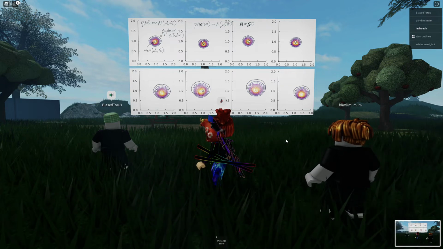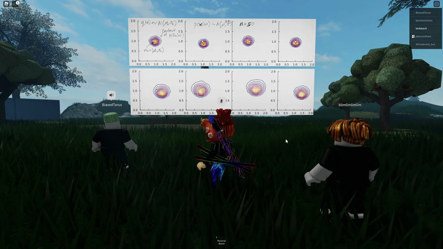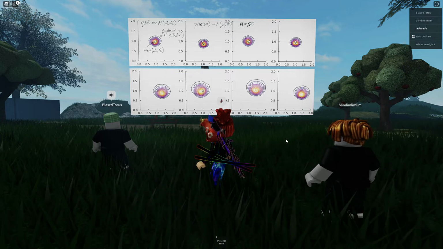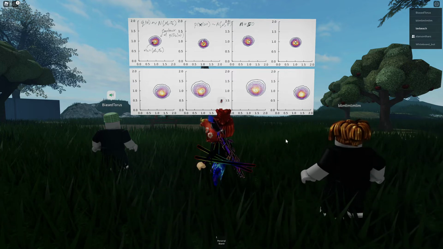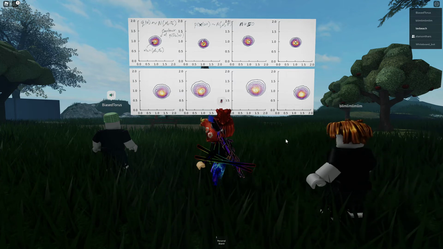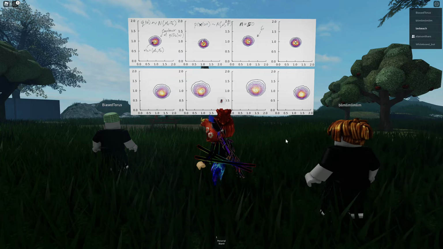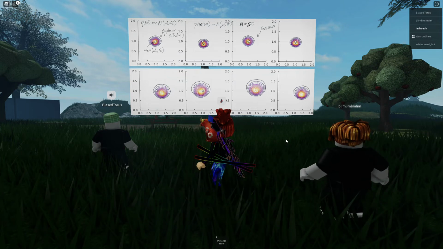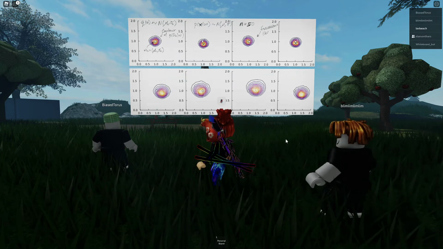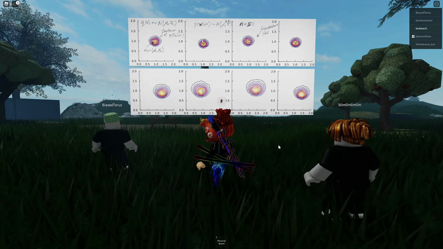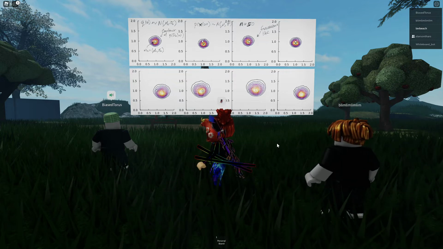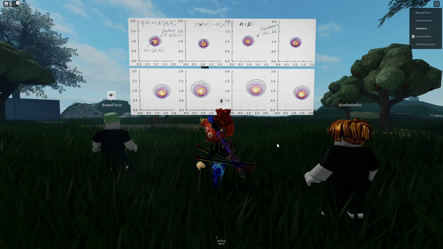This property is called asymptotic consistency. Furthermore, as n becomes larger and larger, the distribution becomes more and more like a Gaussian, and this property is called asymptotic normality.